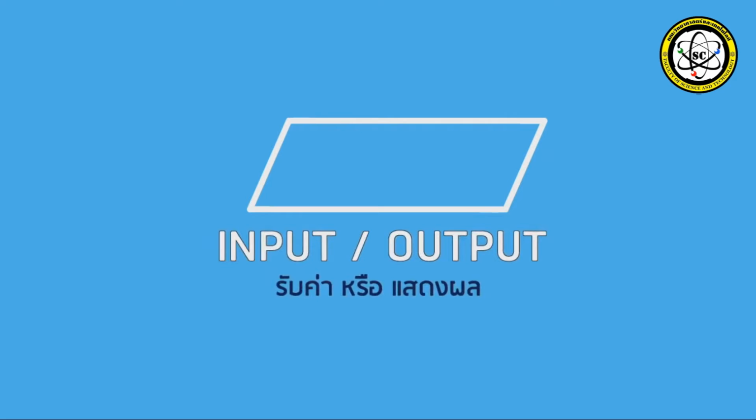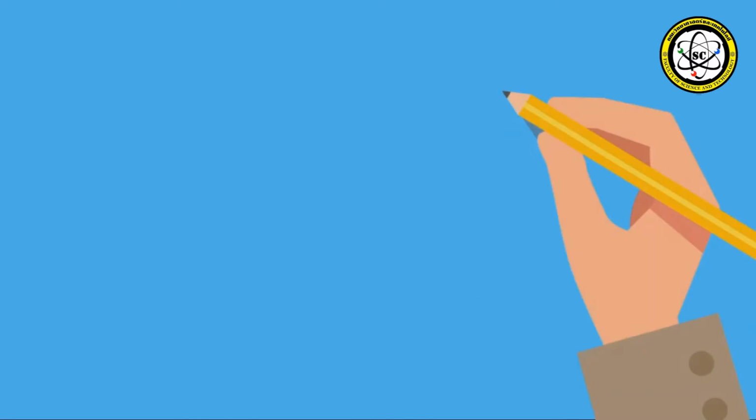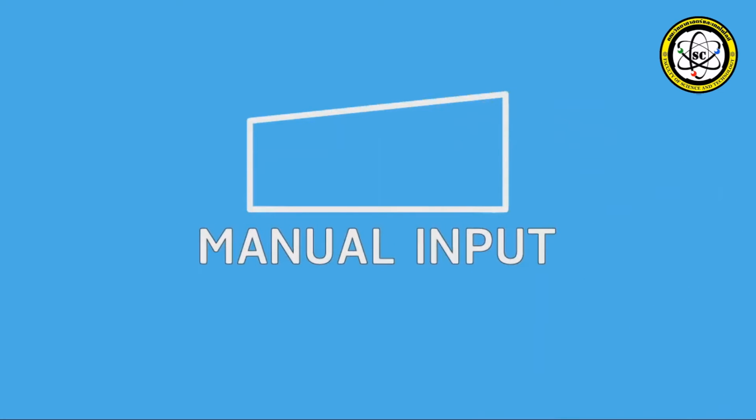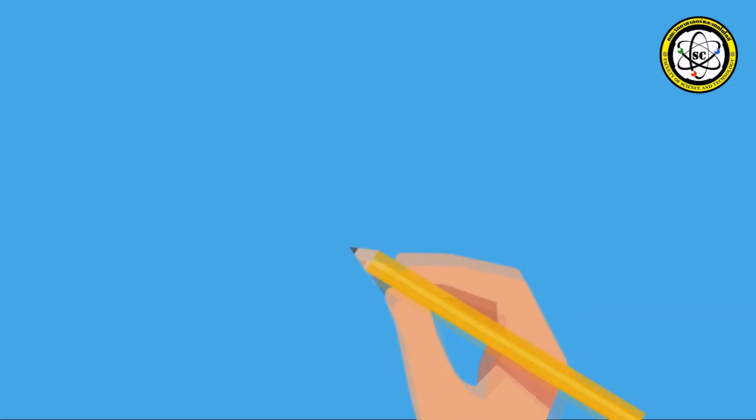Input-output indicates the process of inputting or outputting external data. Manual input: manually input data or information into a system.